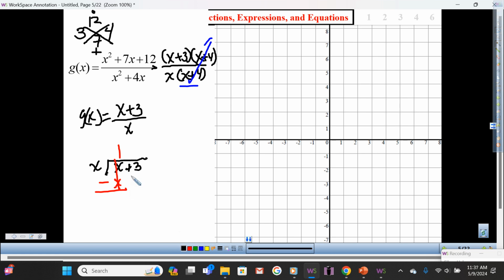We bring down the plus 3, and that's our what? Remainder. Rewrite that, please, so that we can get our new equation. All right, how do we write our answer for this division? Let's see. Martin, go.